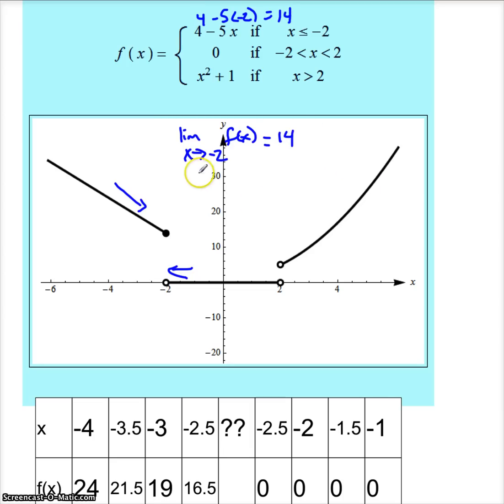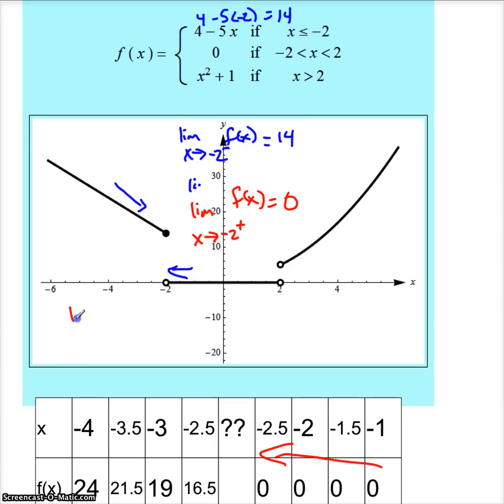And this does not equal the limit as x approaches negative 2 from the right. Oh, I forgot my left side, didn't I? Well, my left side now. Okay, the limit as x approaches negative 2 from the right of f of x is 0. And you get that from the table, or you can get it from the graph.